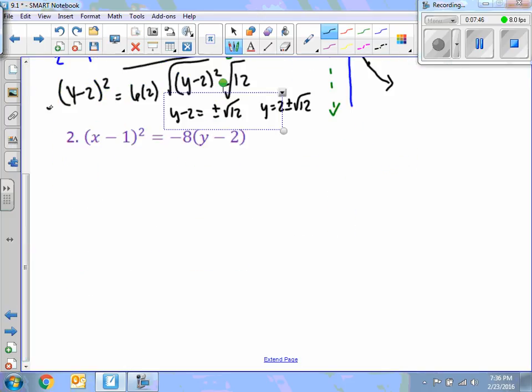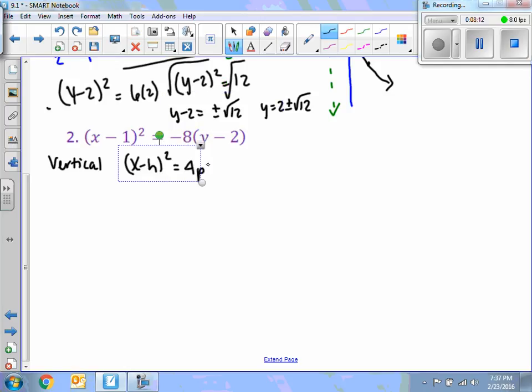I have x minus 1 quantity squared equals -8 times y minus 2. For this one, I have my x value being squared, so I know I'm going to have a vertical parabola. If you recall, the vertical equation follows x minus h quantity squared equals 4p times y minus k.